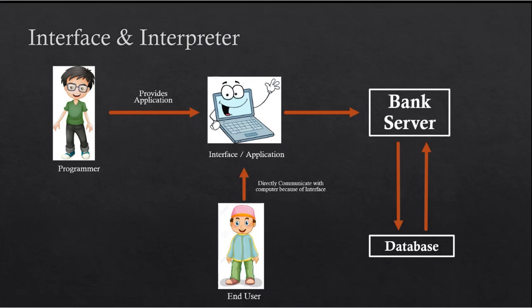And it checks whether the amount is available in his account or not. After that, it receives the message and gives the output to the end user. So this is happening at the front end by using the interface, but at the back end, some different things are happening, which is not visible to the end user.